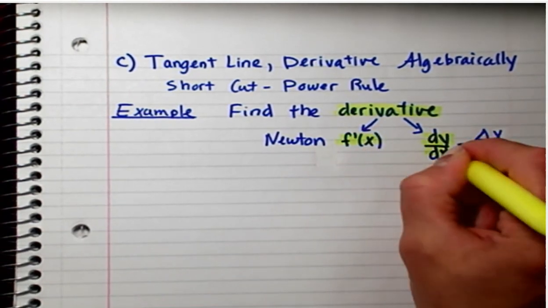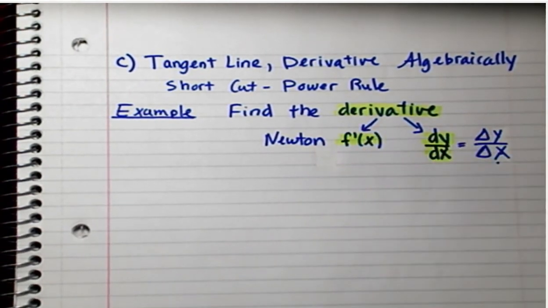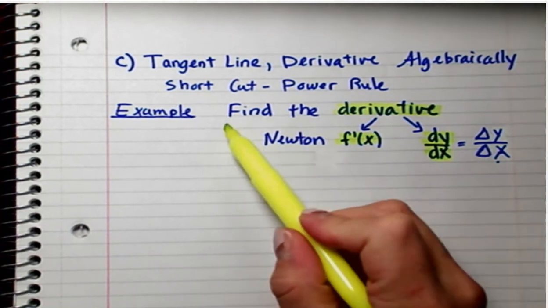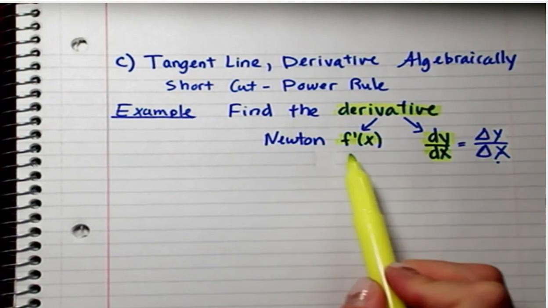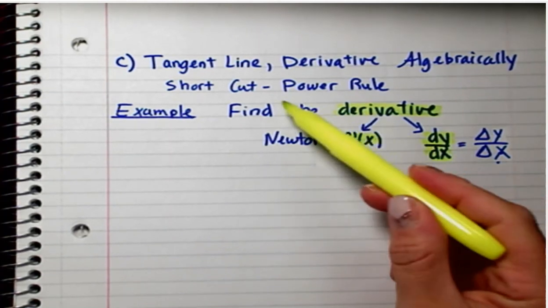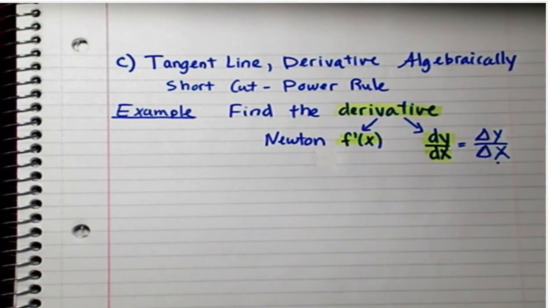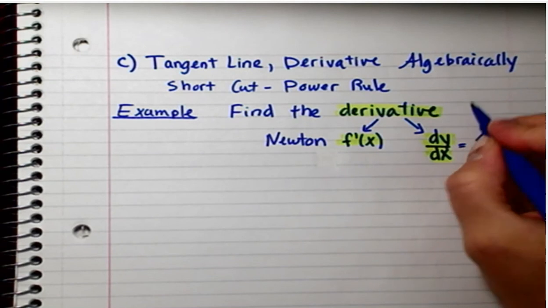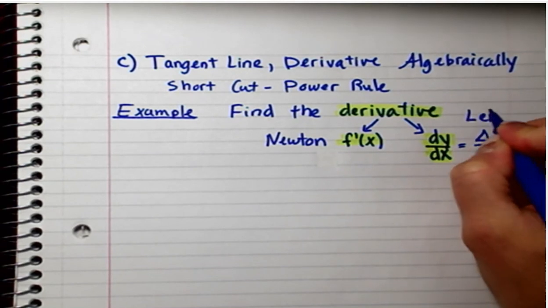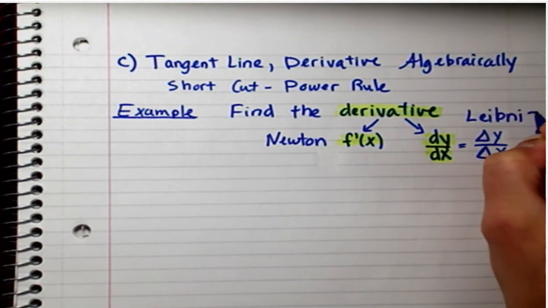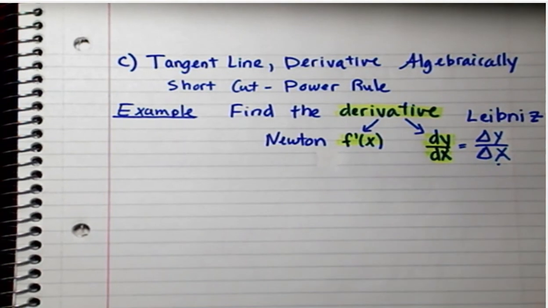Because we need to know which words can be interchanged so I understand the directions. Find the derivative could be find f prime. Could be find dy dx. Now this notation comes from a guy called Leibniz?